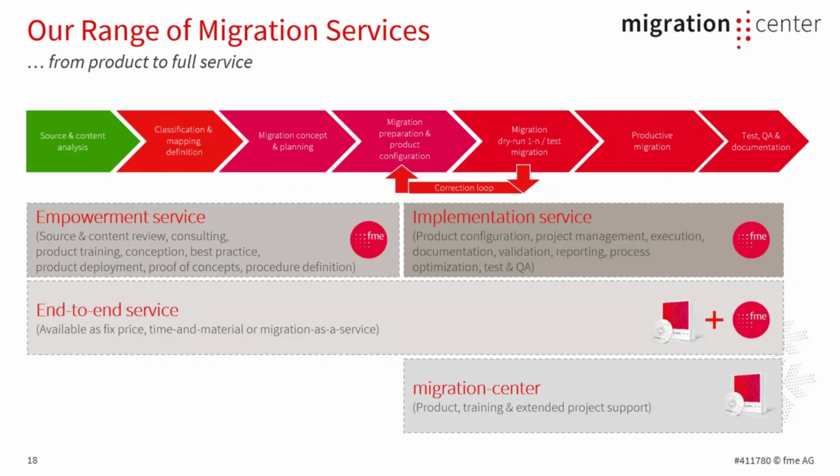This includes all components of the analysis and the review for the source system, the consulting service, the product training, and so on. Or you can book the whole implementation service. This means the execution of your migration concept and your migration plan, including the QA and tests.